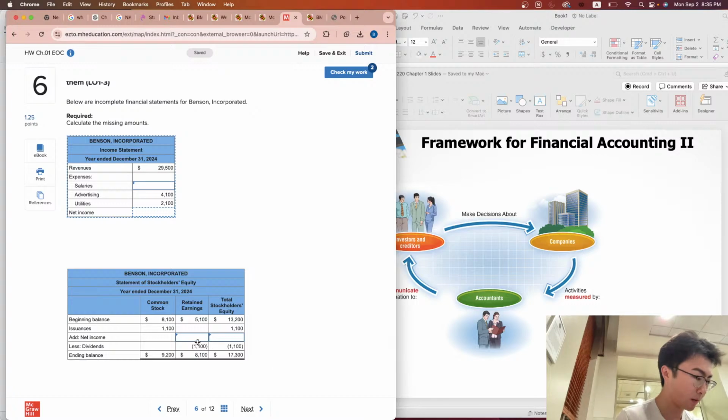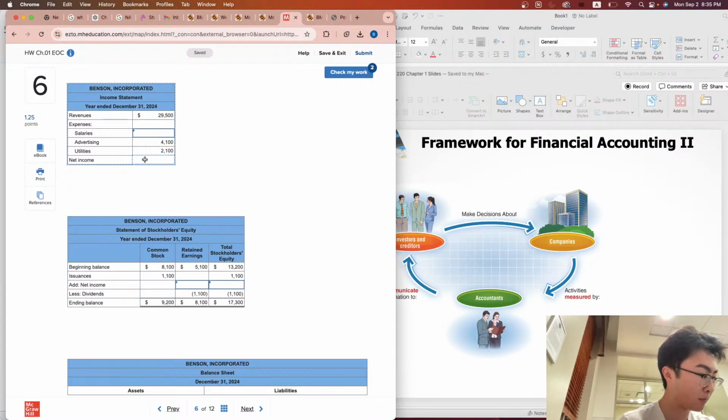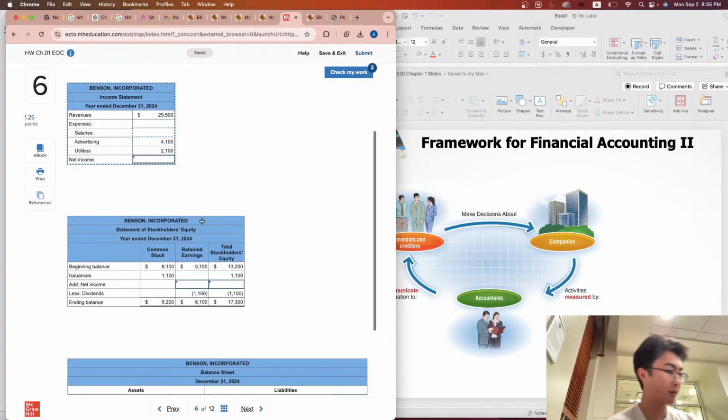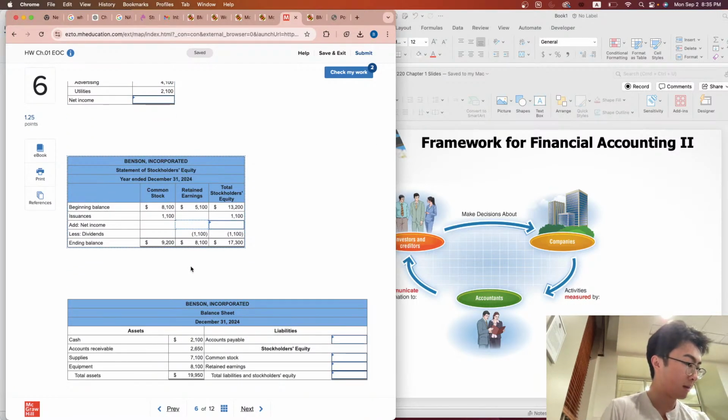Oh, okay. I guess we can find it from here. I see. Okay, we can work backwards. So we can find the net income here, then work backwards by bringing the net income there, and then the salaries, calculating it that way. So if we take 5,100 minus 1,100, that'll give us 4,000. So 4,000, that means we have 4,100.